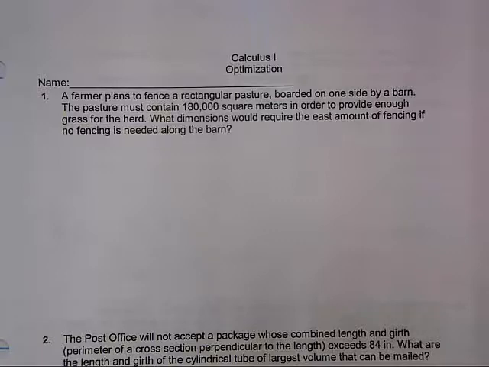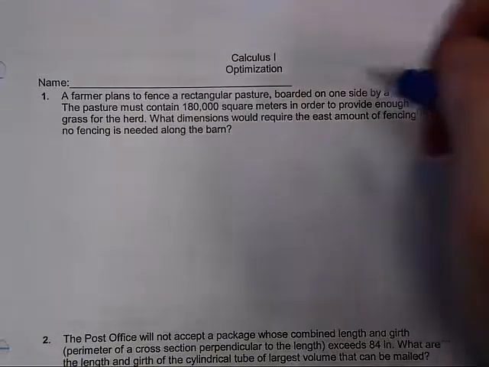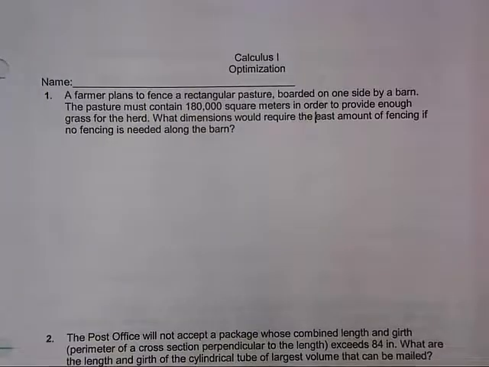The pasture must contain 180,000 square meters in order to provide enough grass for the herd. What dimensions would cause the least amount of fencing if no fencing is needed along the barn? I think the typo is it should be least.